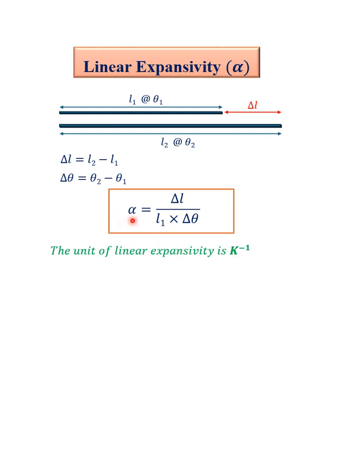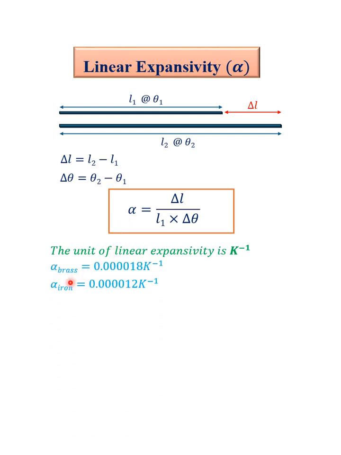This linear expansivity is a constant value for different materials. It is what describes how different materials expand, and it is constant. From experiment, it has been proven that iron, for instance, does not expand as much as brass if both of them are subjected to the same temperature. The reason is because from experiment, the value of alpha for brass and alpha for iron has already been proven.